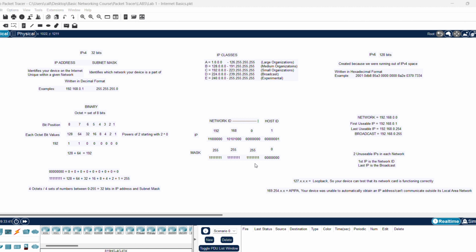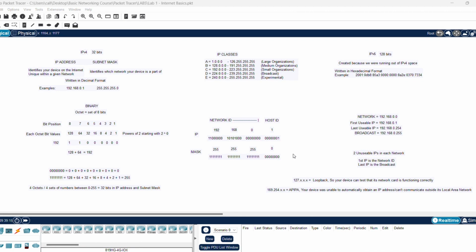Essentially, looking at the mask, anywhere that there's a 1 would represent our network portion of our address. And anywhere that there is a 0 would represent our host portion. And when we get into subnetting, we'll talk more about this and go more in depth with it.